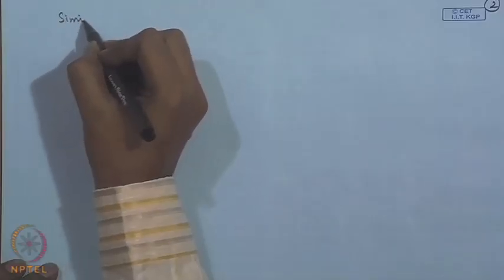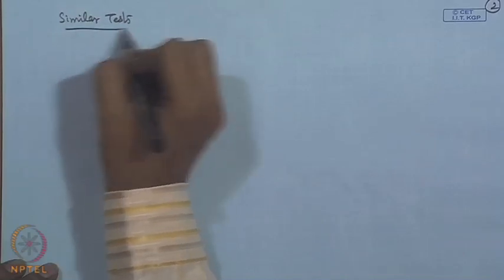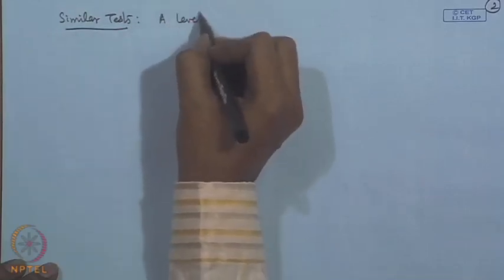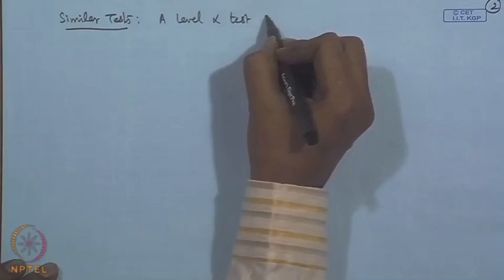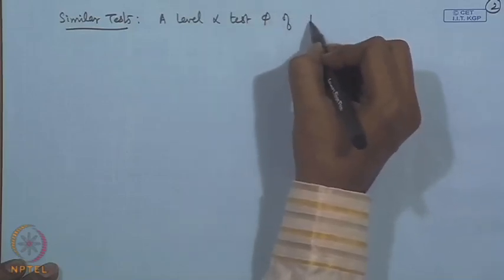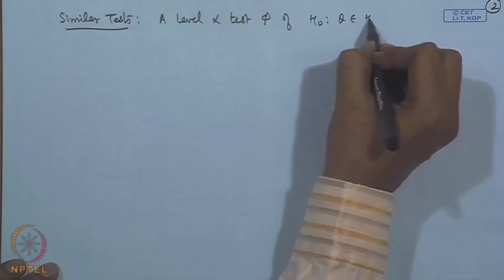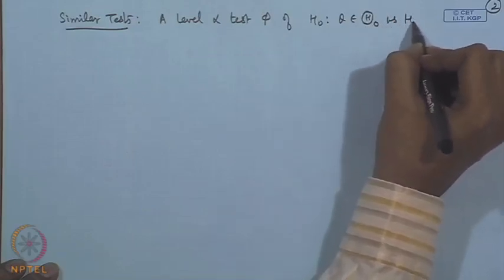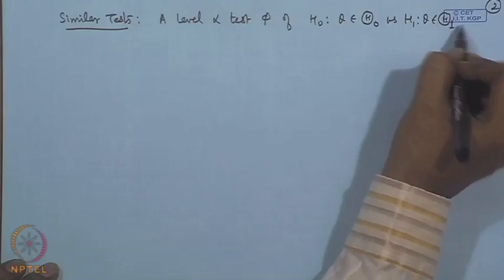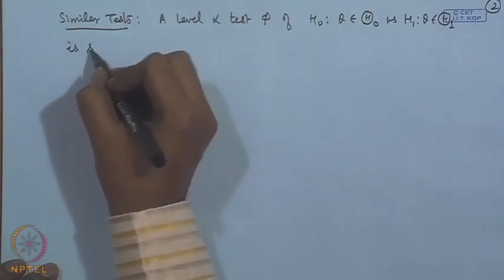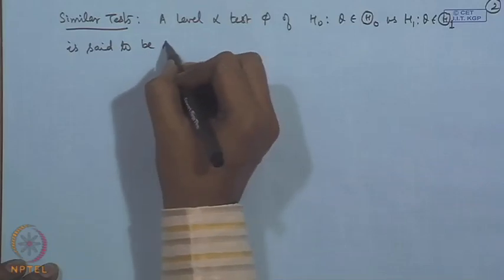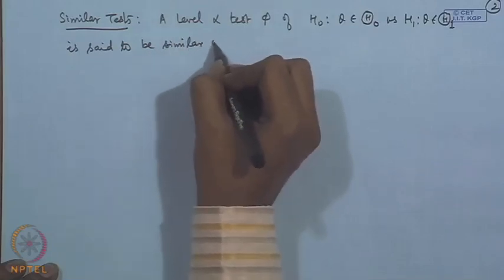So, we give a definition here which is called similar tests. These are helpful in deriving UMP unbiased tests. What are similar tests? A level alpha test phi of the hypothesis testing problem H naught: theta belonging to theta naught against H 1: theta belonging to say theta 1 is said to be similar on the boundary.